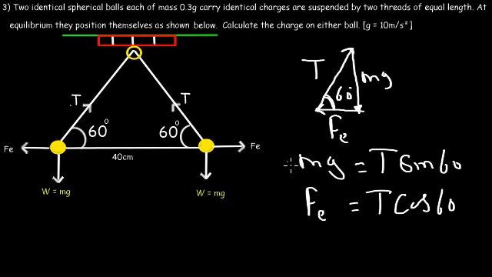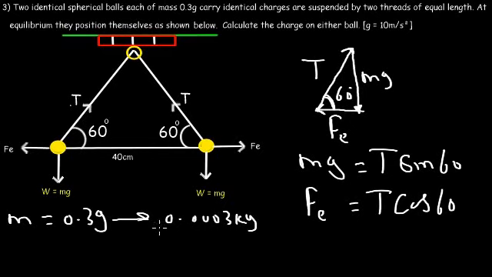So let's begin. To calculate the weight force, we are given the acceleration due to gravity to be 10 meters per second squared, and we're also given the mass of the object. However, the mass is measured in gram, so we need to convert that into kilogram. To convert gram to kilogram, you divide by 1000, and that should be 0.0003 kilogram. To convert kilogram to gram, you multiply by 1000.